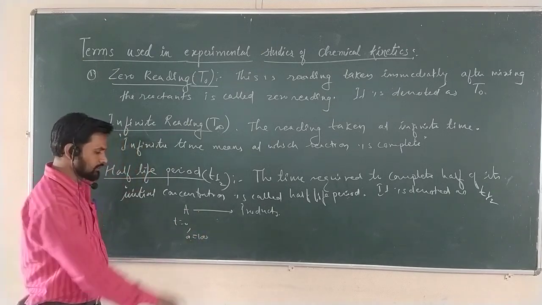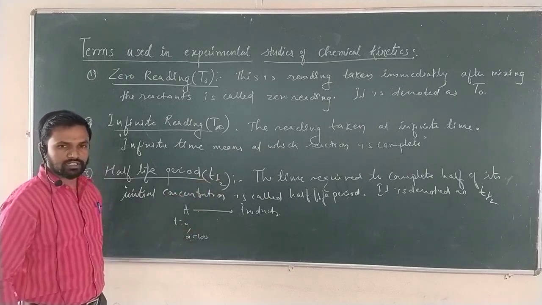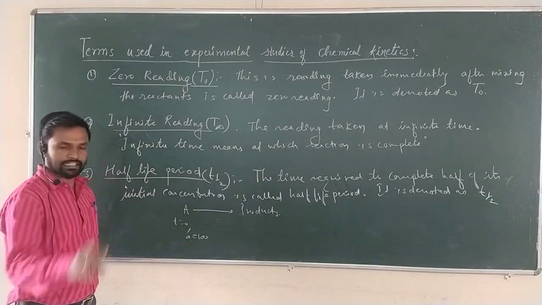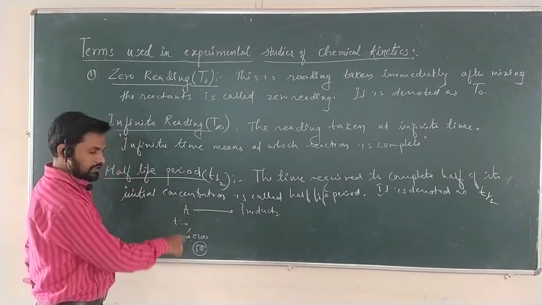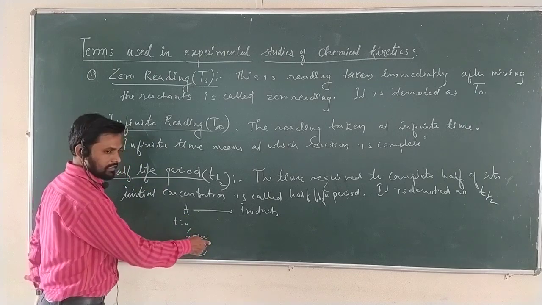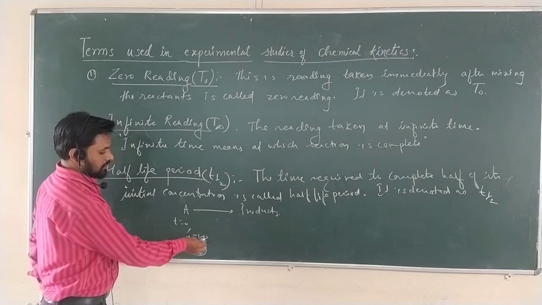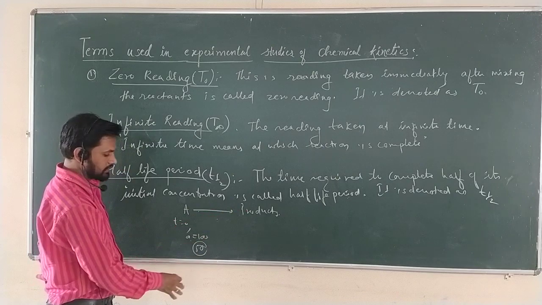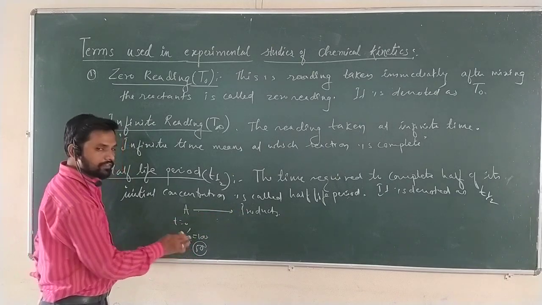Half-life period means the time required for the reactant concentration to become 50, because it is half of its initial concentration. Initially we have taken 100 moles per liter; the time required for the remaining to be 50.